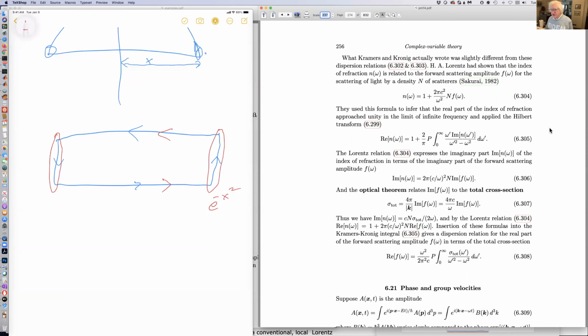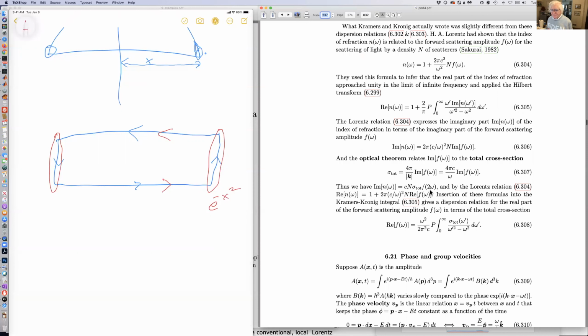And here we have photons being scattered by molecules, and we're thinking of the elastic scattering amplitude. Anyway, what we have is then that the imaginary part of n is related to the total cross section divided by the frequency.